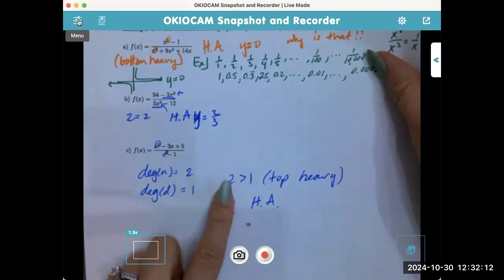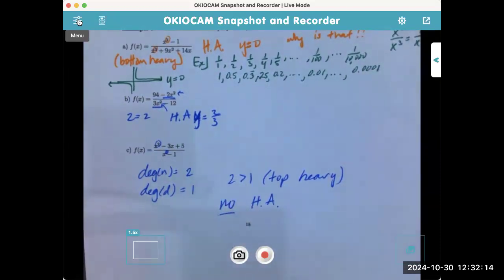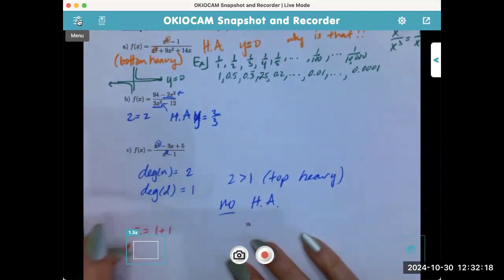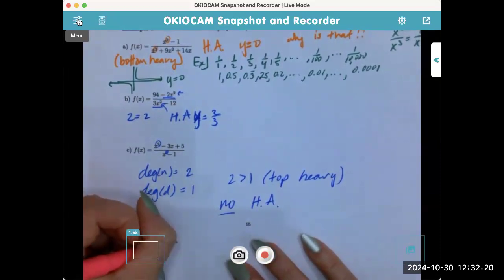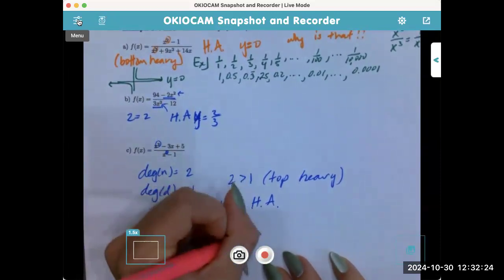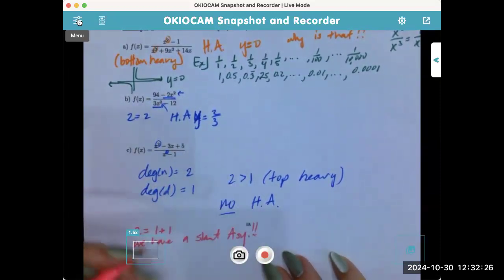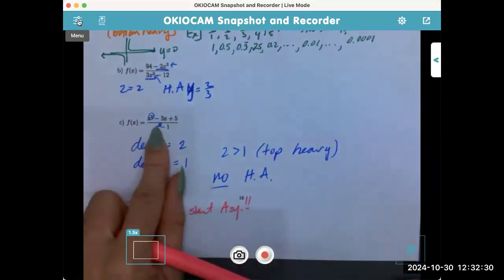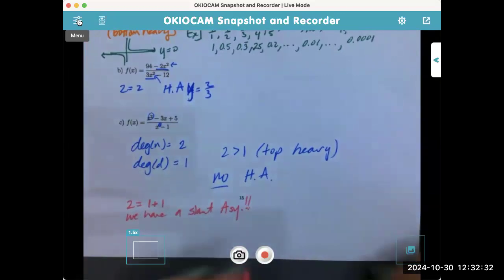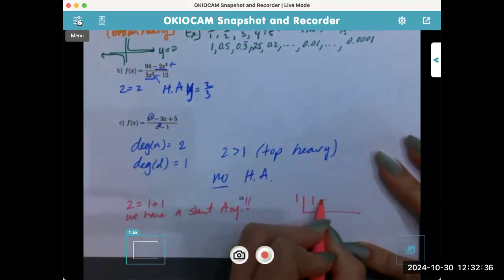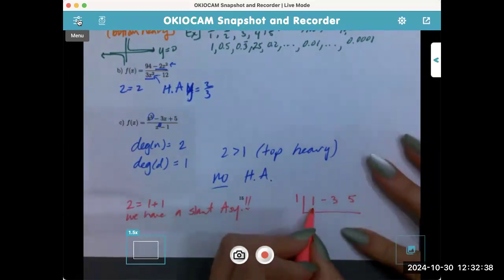So 2 is equal to 1 plus 1. So we have a slant asymptote. Woo! So we do division to find out what it is. Lucky for us, we can do synthetic division. So I have a 1 on the outside, and then 1, -3, and a 5.